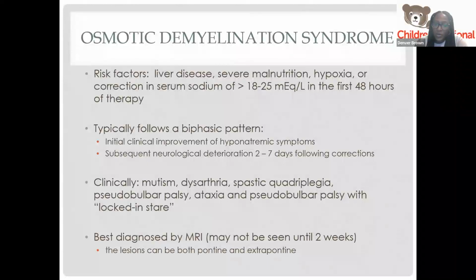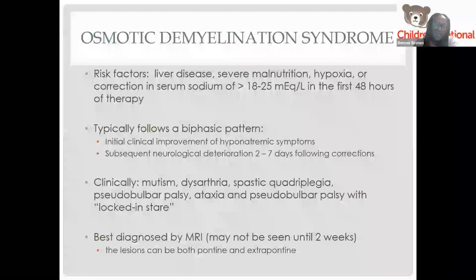So you're staring, but you can't move. And it's best diagnosed by MRI. Typically, because it can present so many days after rapid overcorrection of hyponatremia, you may not actually see the lesions in the pontine region of the brain until up to 2 weeks later.